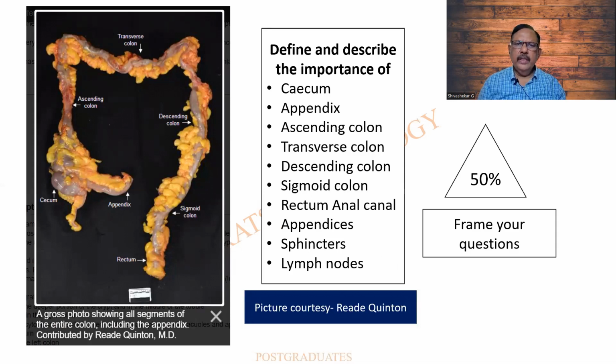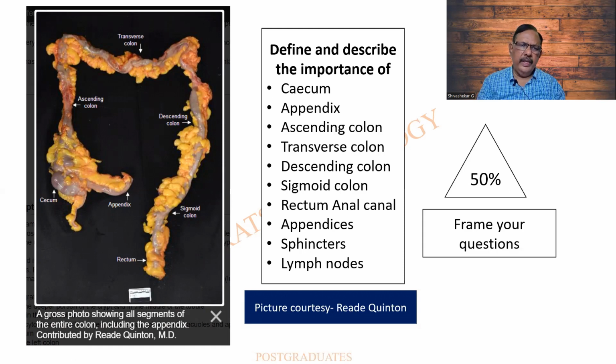Now, always when we think of pathology, there should be a background of normal anatomy. In this case, thanks to Reed Quinton for this particular picture. Wonderful. And a simple dissection of the colon along with the ileocecal junction.